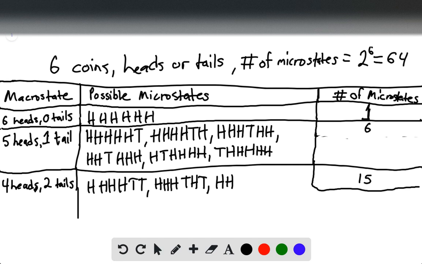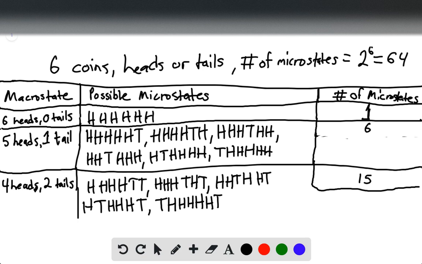We can also have heads, heads, tails, heads, tails, heads. And we can have heads, heads, heads, tails, heads, tails, heads, heads, heads, tails, tails, heads, and so on.